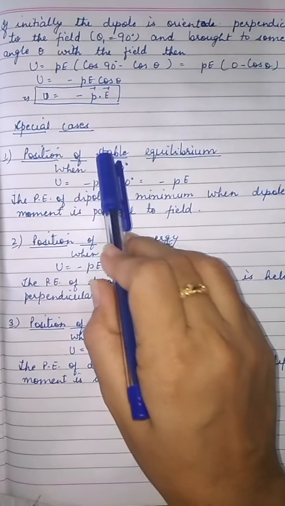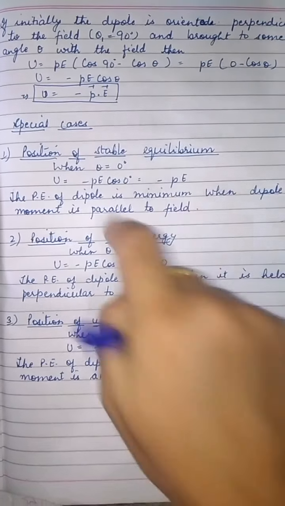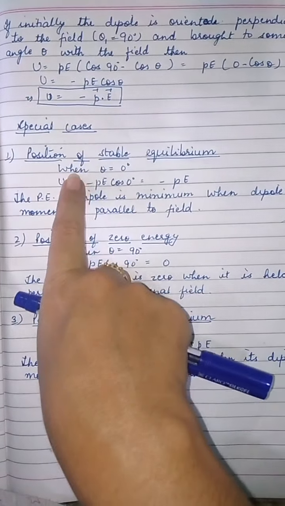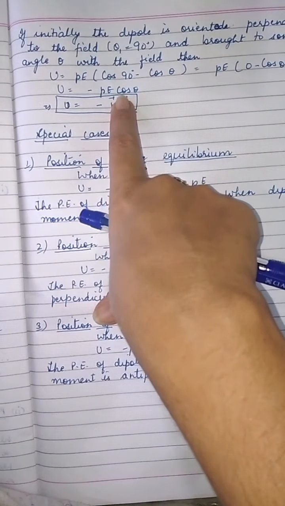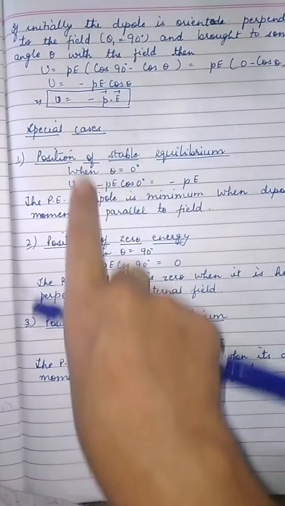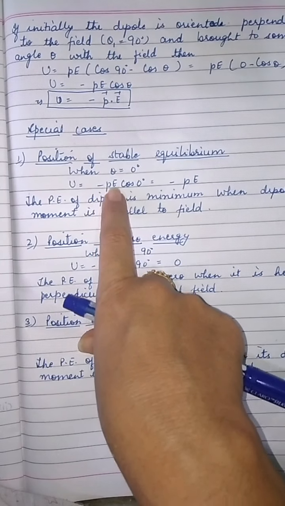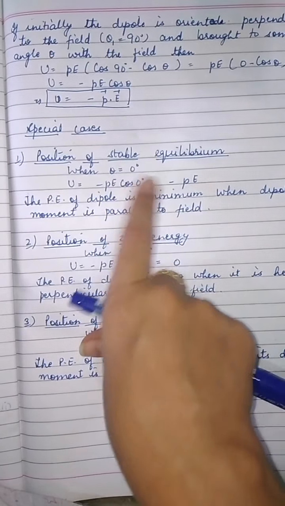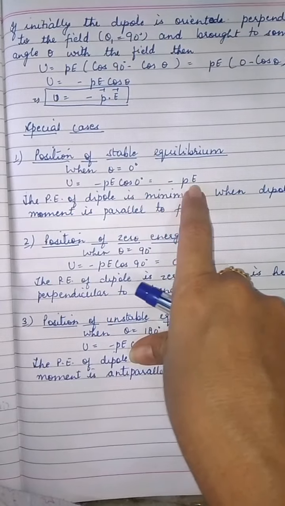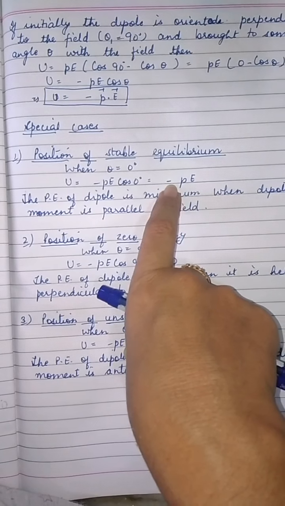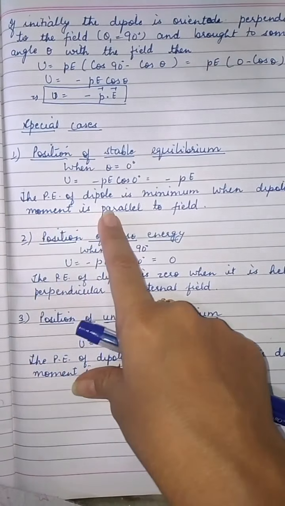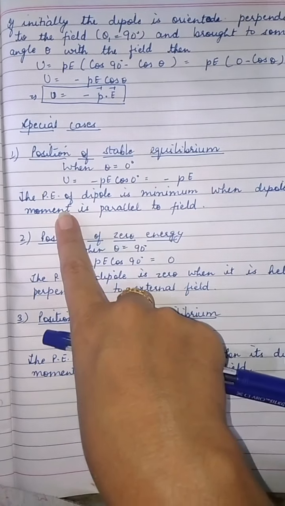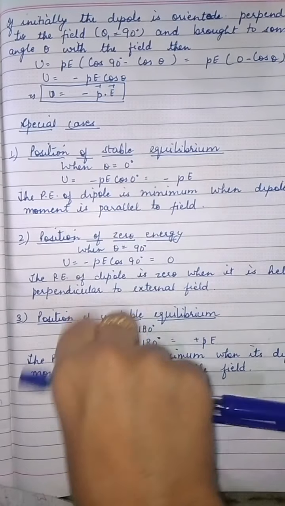So first, when theta is equal to 0 degrees, we substitute the value of theta in this formula. So U is equal to minus pE cos 0 degrees. Now cos 0 degrees is 1, so the energy will be minus pE, since there is a negative sign. So minus pE is the minimum energy. So the potential energy of the dipole is minimum when the dipole moment is parallel to the field.